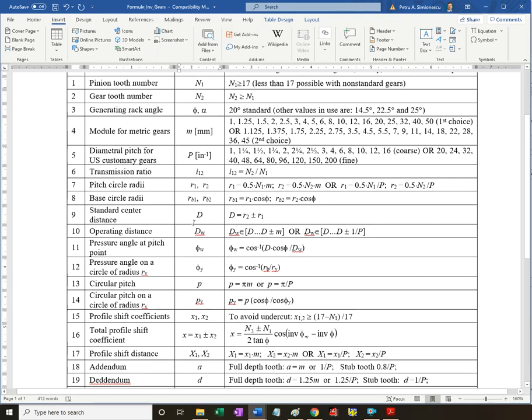Standard center distance is the sum of the pitch radii if they are external gears, and the difference between them if one of them is an internal gear. Operating distance could be other than the standard distance.